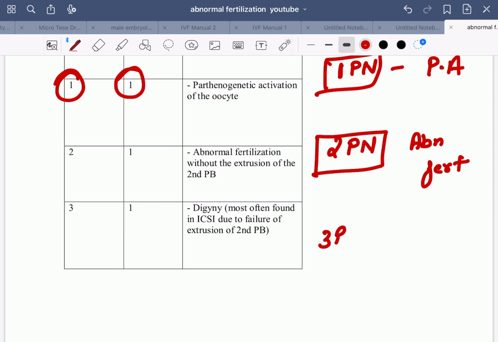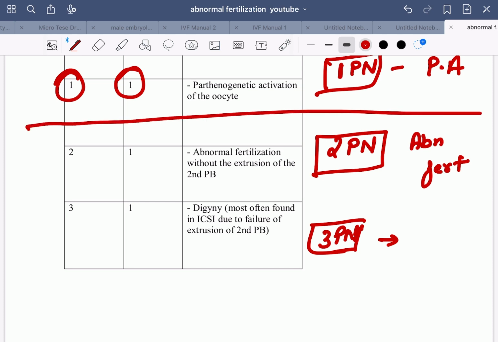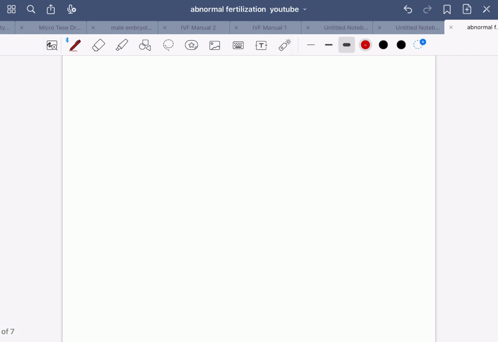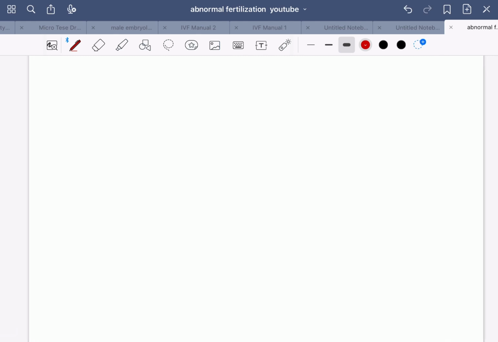Now 3PN, this is also due to the failure of extrusion of the second polar body. Now what is the difference between these two? See, one polar body and two pronuclei.